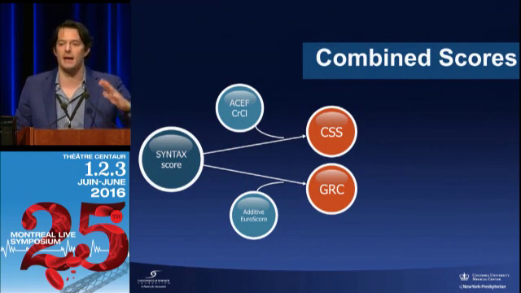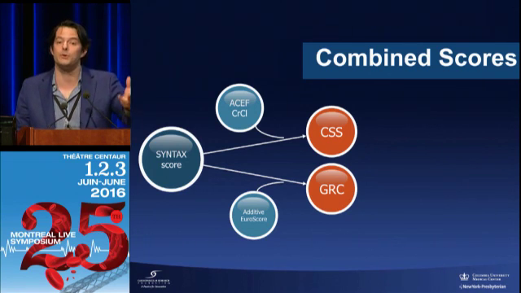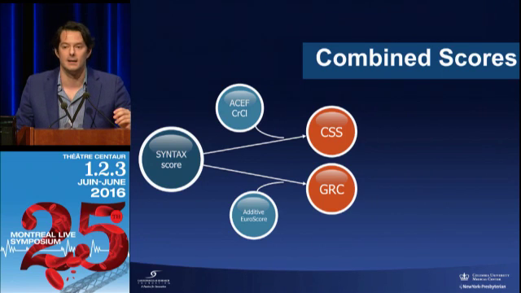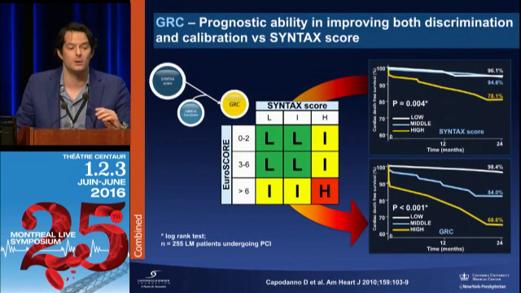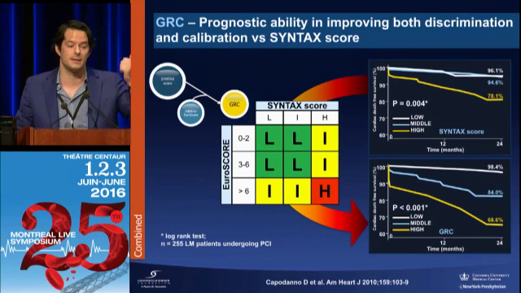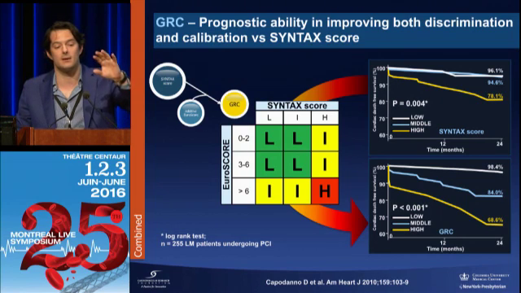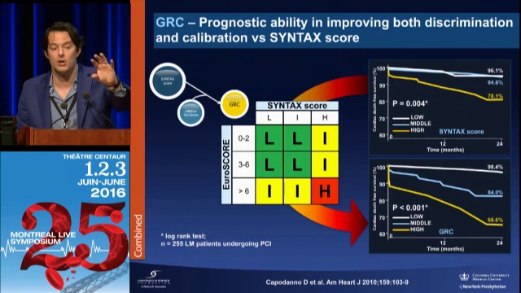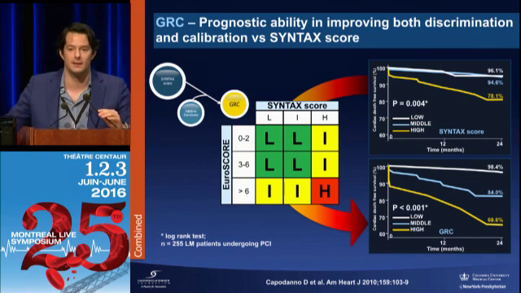Then we went to combining scores, meaning that you take the SYNTAX score and you combine variables to improve the discrimination and calibration capability of the score. I'm not going to go through all, but I think the global risk score, which combines the EuroSCORE with the SYNTAX score, showed, as you can see, compared to only the SYNTAX score at the top and the bottom, the global risk score stratifies patients in the middle cohort better, because you have patients with 32 that will benefit, that will not go bad with PCI.